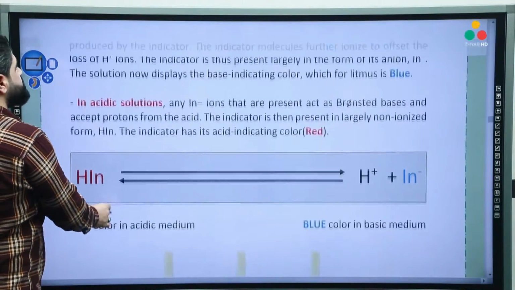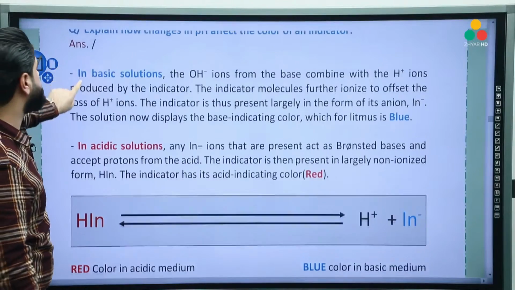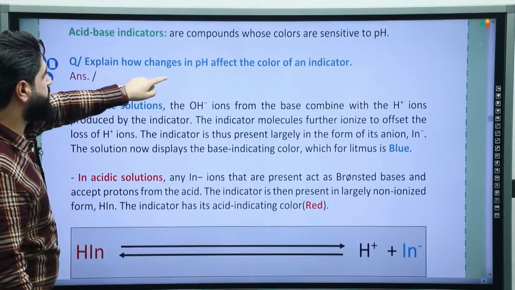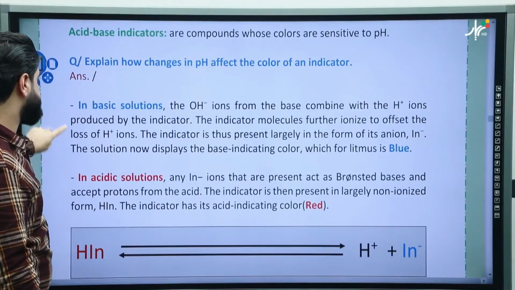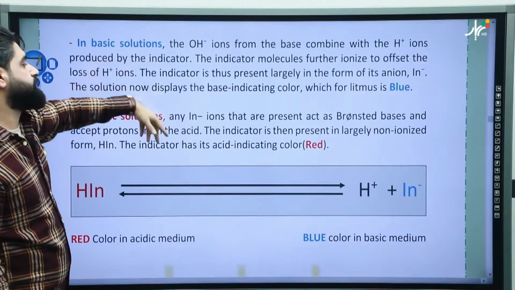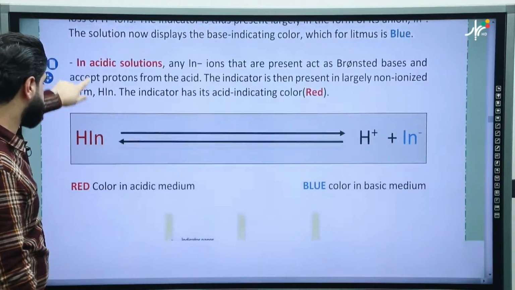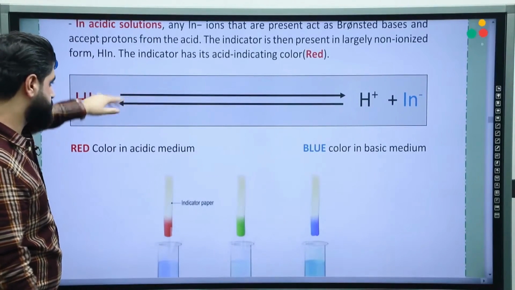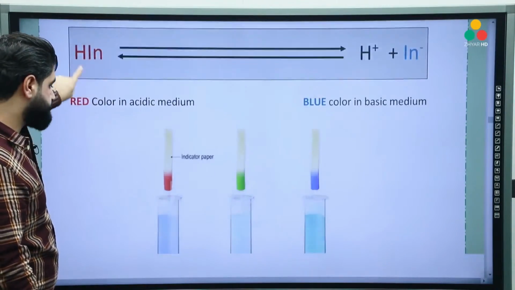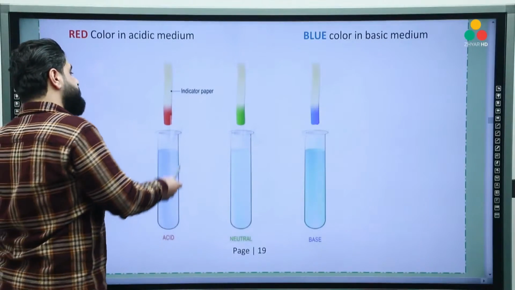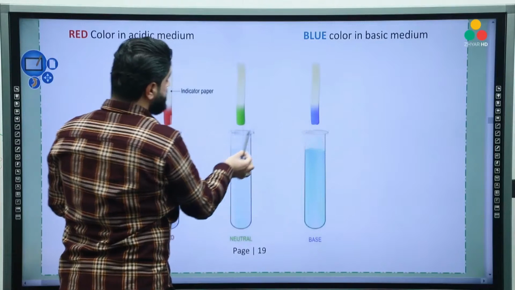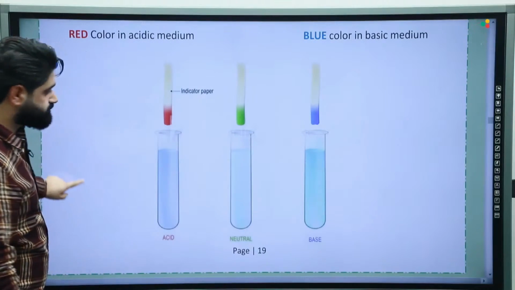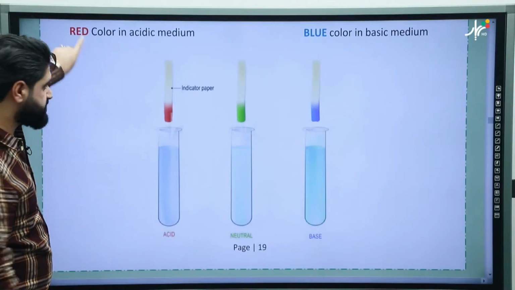That was all about the principle of how pH affects the color of the indicator. In acidic medium, the color of the indicator is red, in basic it is blue, and in neutral it is green.